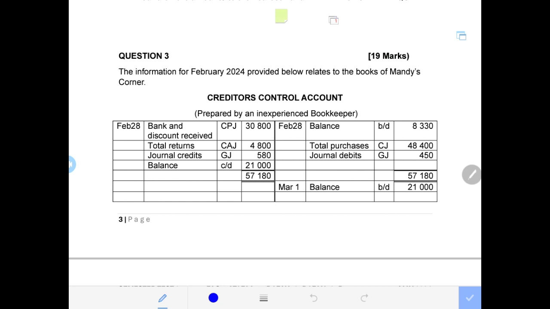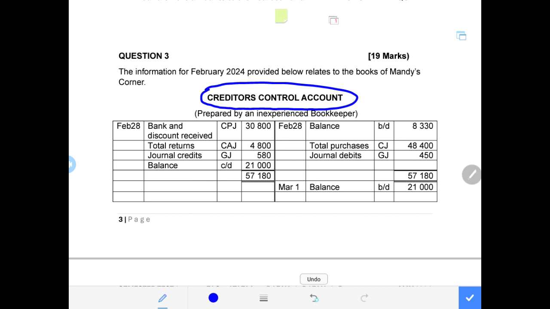So on Monday, this business is always there. And we can also say that this is a ledger account called Creditors Control Account.